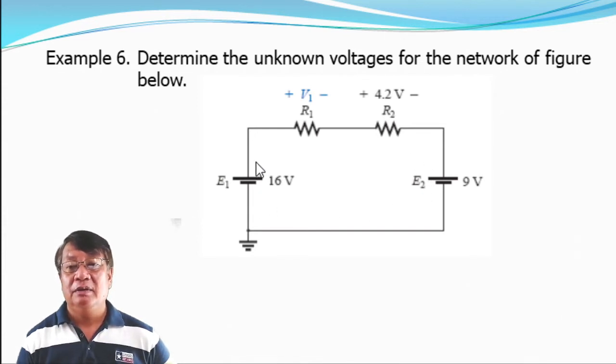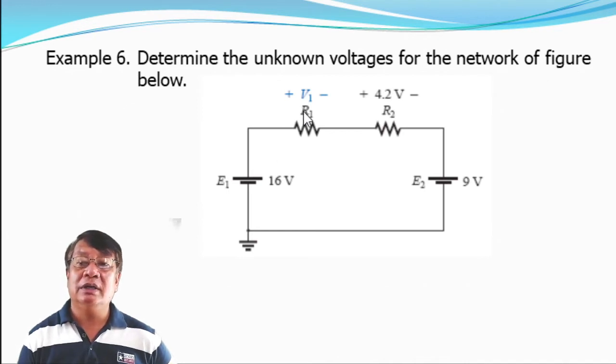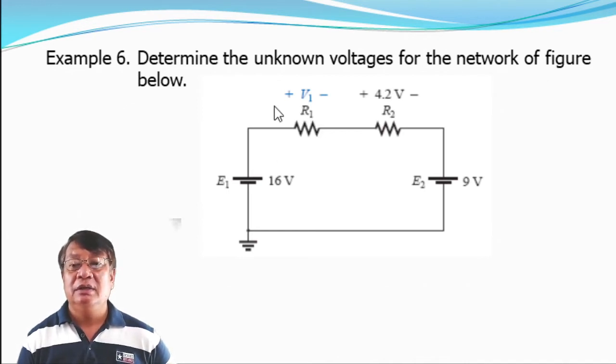This is the positive terminal, then our resistance. This is nearer to the positive terminal, so this is the terminal voltage, positive, and this is negative. On the other side, this is positive and this is negative.